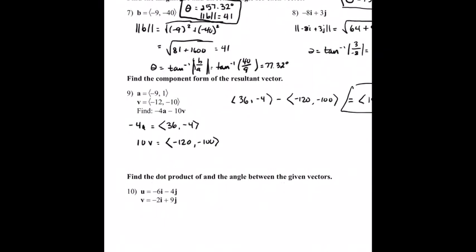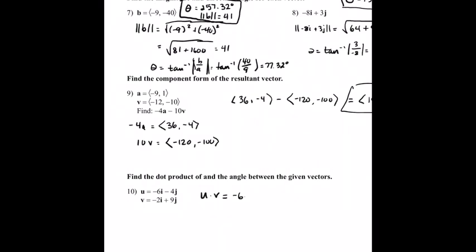So we need to find a dot product for question 10. This is the learning target at the end of lesson 4.3, which is dot product and finding the angle between two vectors. So the dot product is the product of the horizontal components.